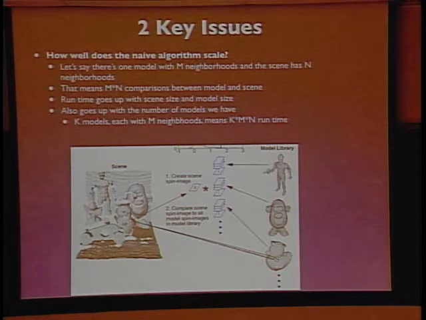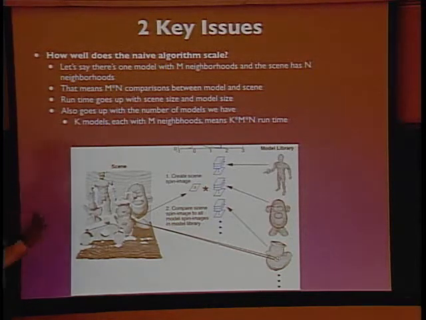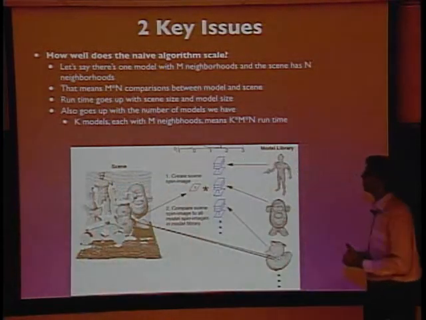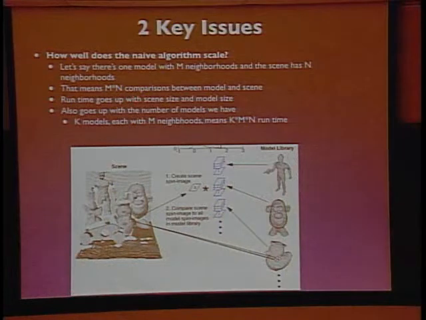And just a little bit more formally, let's say that roughly speaking, we have m neighborhoods or shape signatures on one of our models, and there's n in the scene. That means that there's going to be basically m times n comparisons we're going to have to do between local shape representations on one and local shape representations on another.